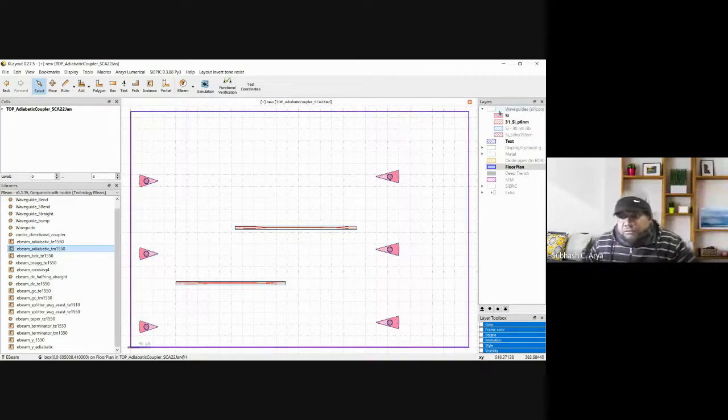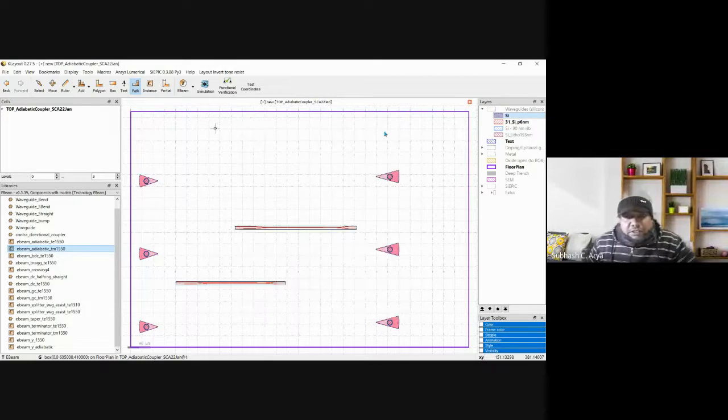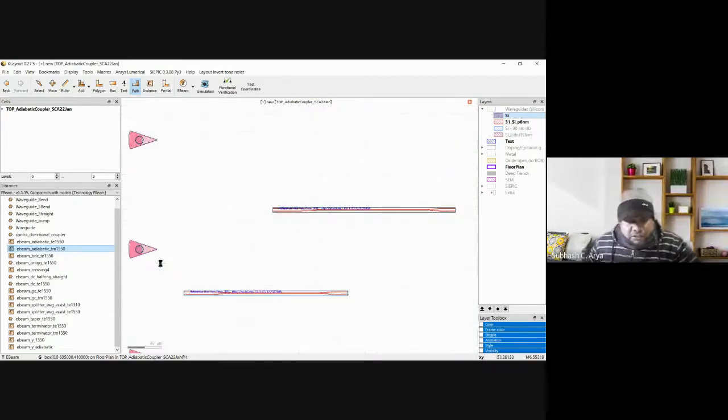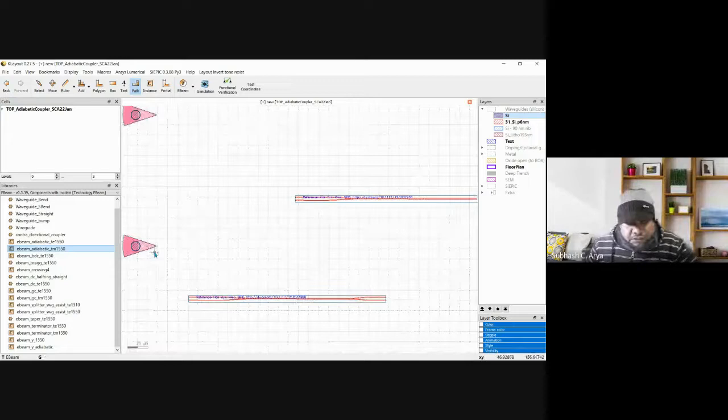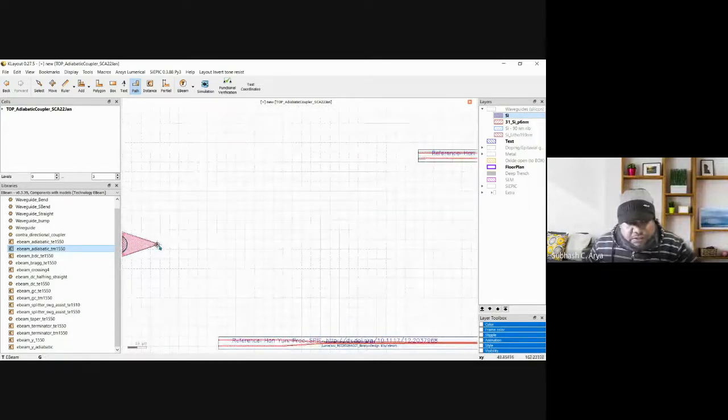Now we are going to make the connections, that is, the waveguide. The material should be silicon. Go to path, 0.5 micrometer. That is okay. Now first of all, I will connect the input light here.